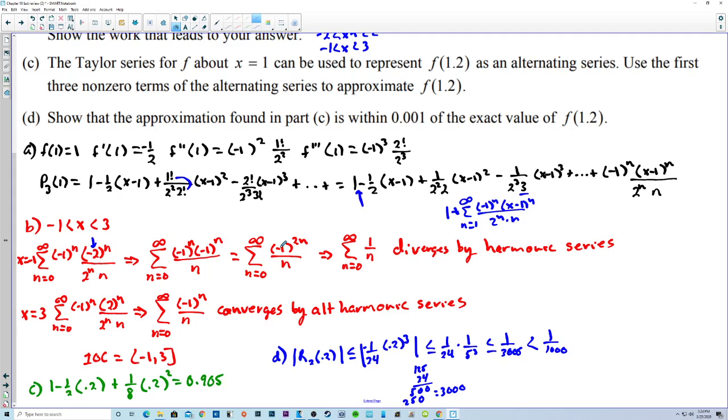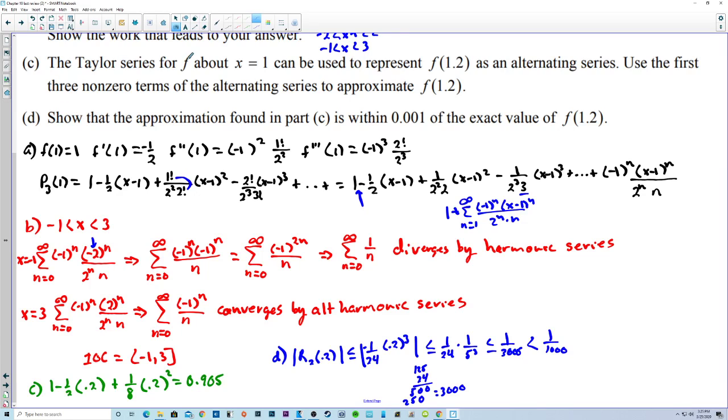That's going to be even, so it's just going to be positive. So this diverges by harmonic series. With x equals 3, 3 minus 1 is 2, so 2 to the n over 2 to the n becomes 1. So this converges by alternating harmonic series. So the interval of convergence does not include negative 1, but does include 3.